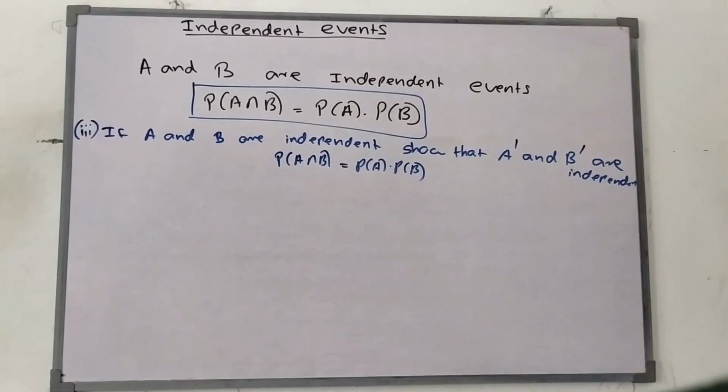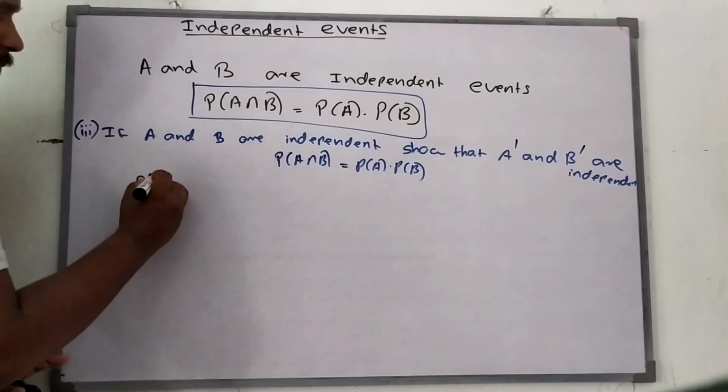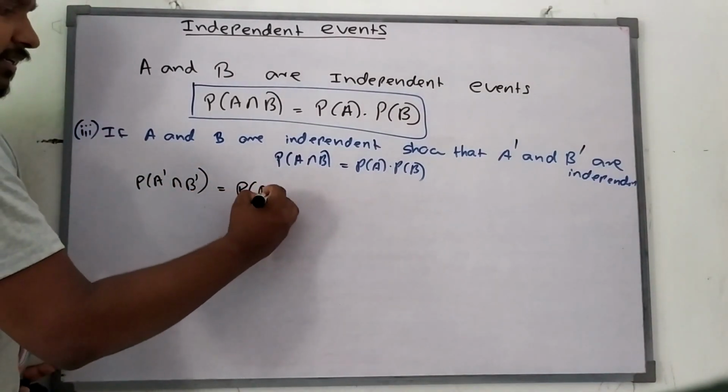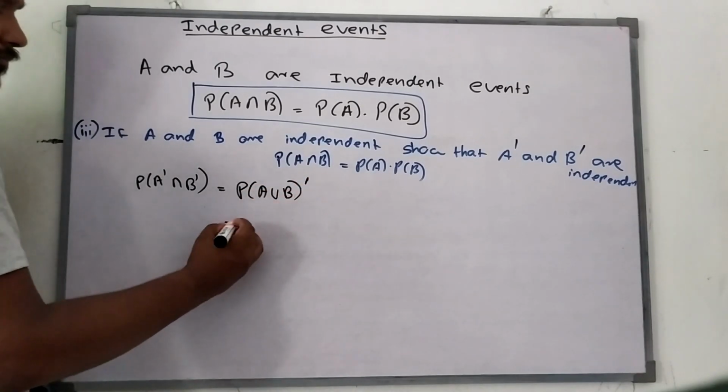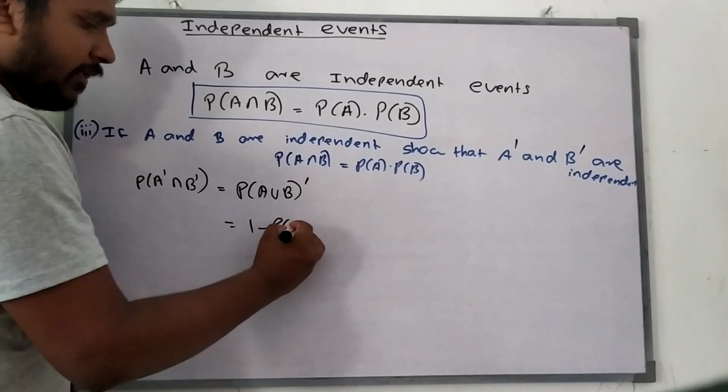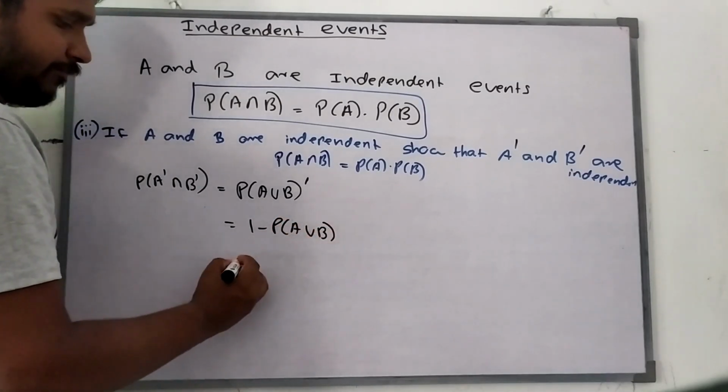Okay children, the third one. If A and B are independent, show that A dash and B dash are independent. How to prove this? I start from P(A dash intersection B dash). This is basically the complement of A union B. By using De Morgan's laws, this is 1 minus P(A union B).